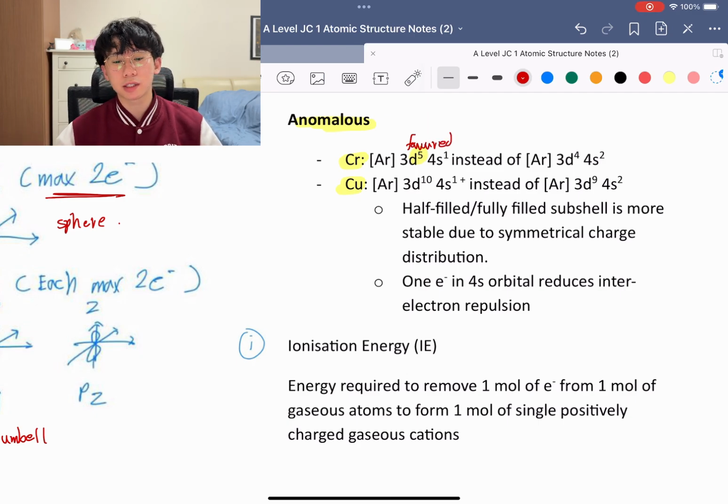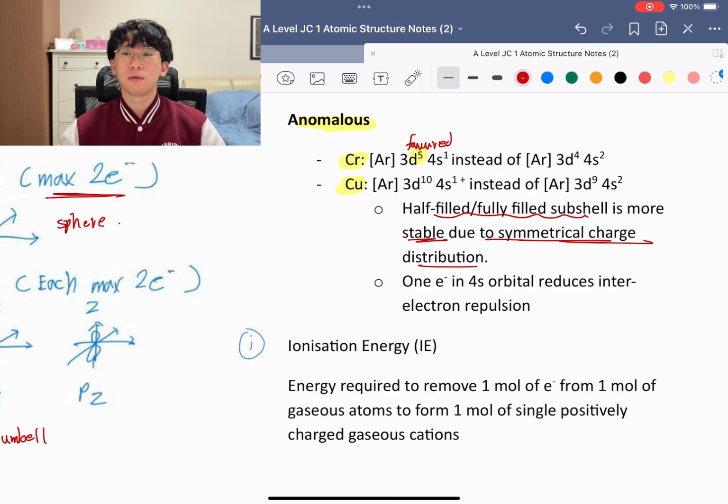This is because copper and chromium, with these half-filled or fully filled subshells in the 3d orbitals, tend to be more stable due to symmetrical charge distribution.